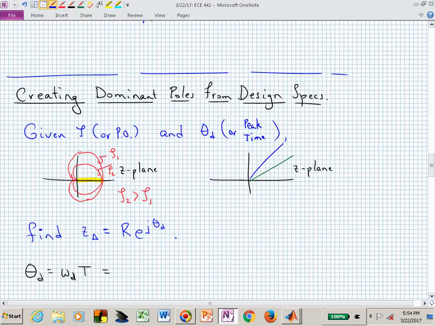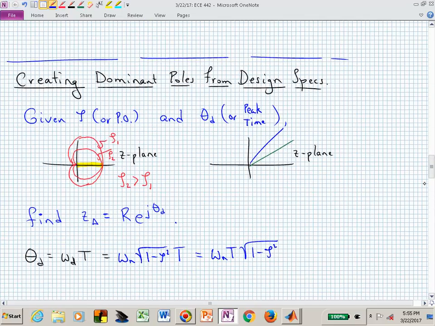Theta sub d is omega sub d t, and omega sub d we could rewrite as omega sub n times the square root of 1 minus zeta squared, and we still have t. Or a lot of times what we will do is we will collect those two terms, omega sub n and t, and isolate this zeta factor, which is the square root of 1 minus zeta squared.